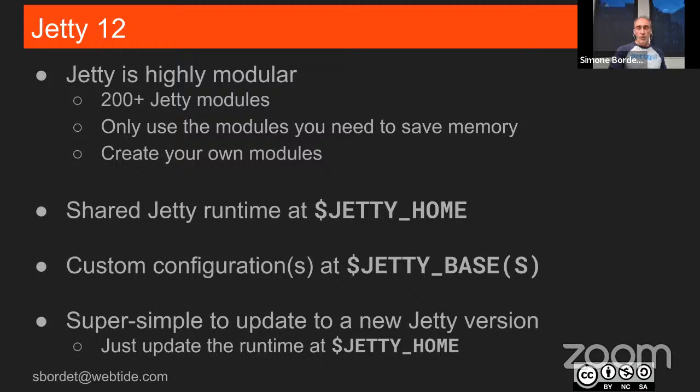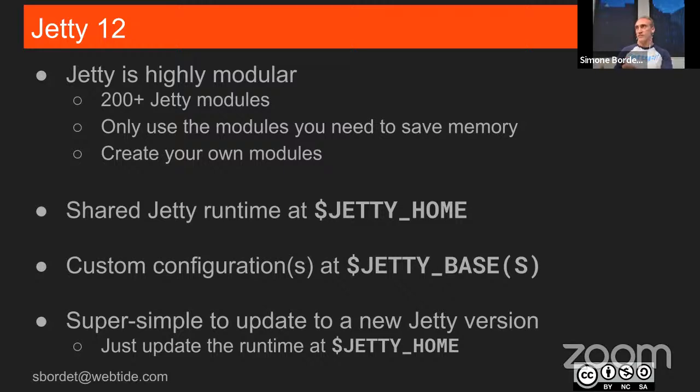So what we have done is split the actual jars that you install in your system into a place that we call Jetty Home. These are the jars that we download from the Jetty distribution. Every time there is a new Jetty version, you just update those files, and that's it.